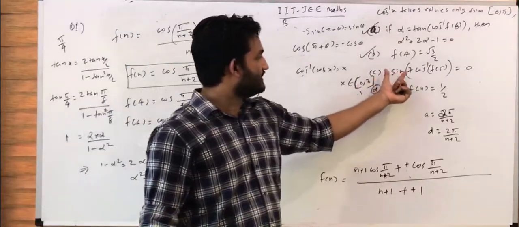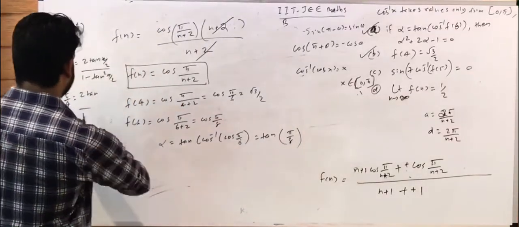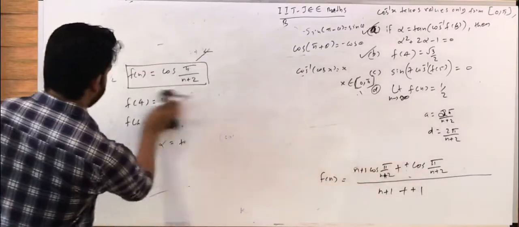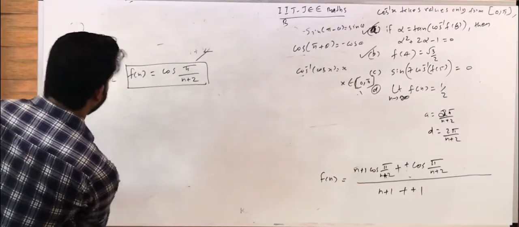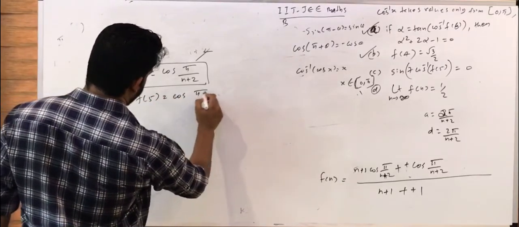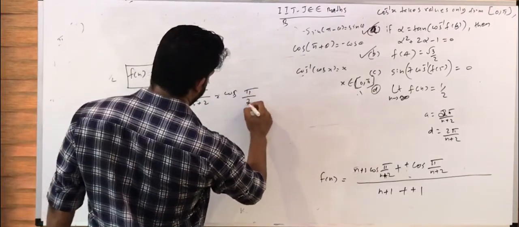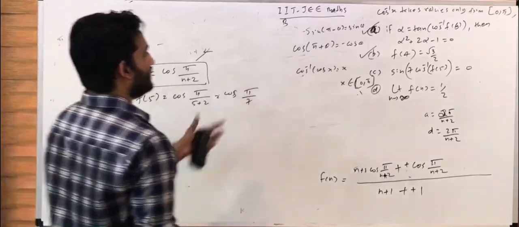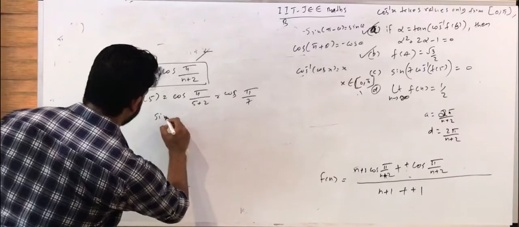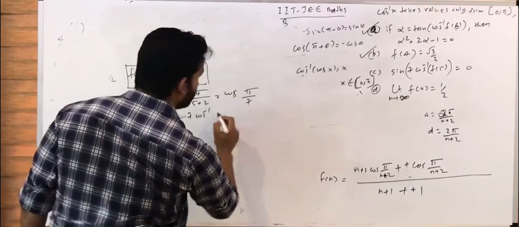Now we need to check sin of 7 cos inverse of f of 5. What is f of 5? F of 5 is equal to cos of pi divided by 5 plus 2, that is cos of pi divided by 7. So we need to check option C, that is sin of 7 cos inverse of f of 5.